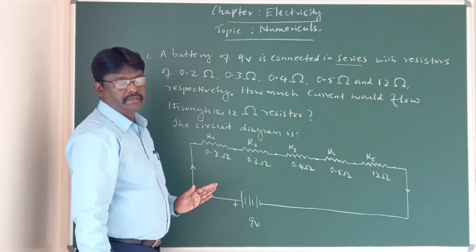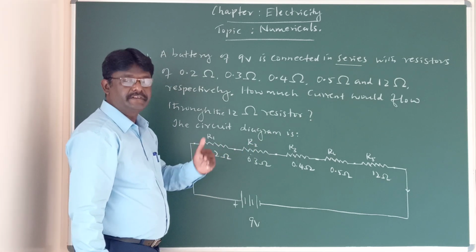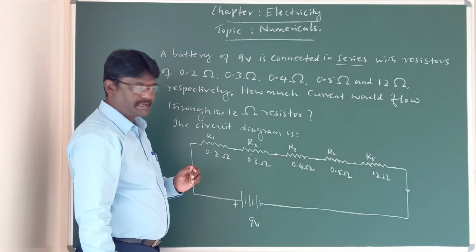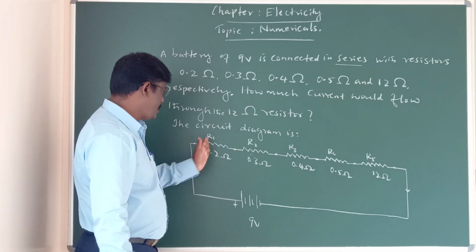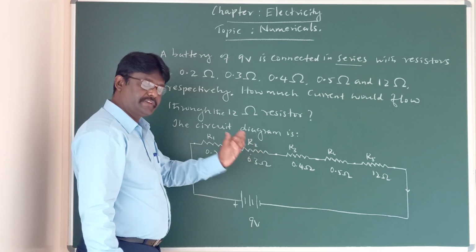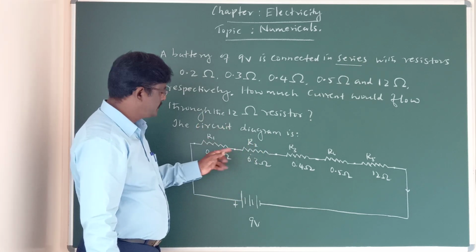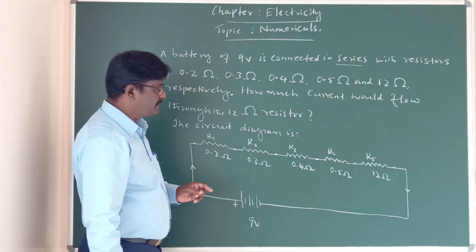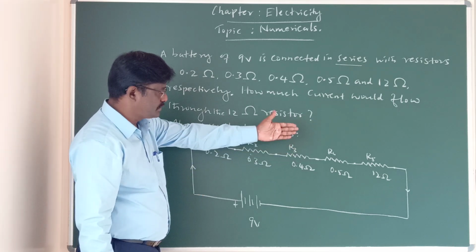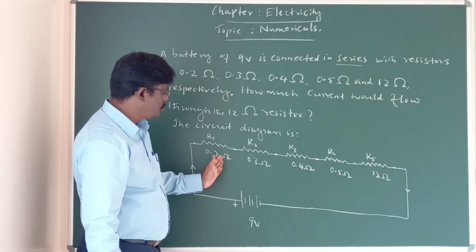We know in case of resistors in series combination, the same current flows through all the resistors. Whichever resistor you take, the same current flows, whether it is 12 ohm or 0.5 ohm or 0.2 ohm.